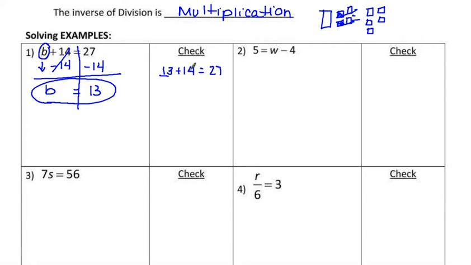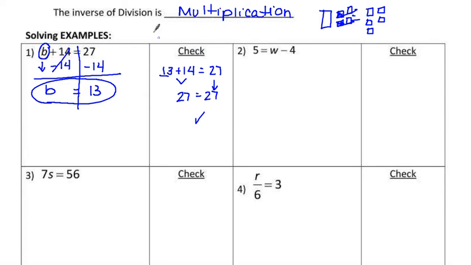Is 13 plus 14 27? Yes, it is equal to 27, so it's balanced on both sides. So I added those together and I got 27, and then I just carried down this 27 here, so 27 is equal to 27. It's a balanced scale. It's a balanced equation, so it is correct.